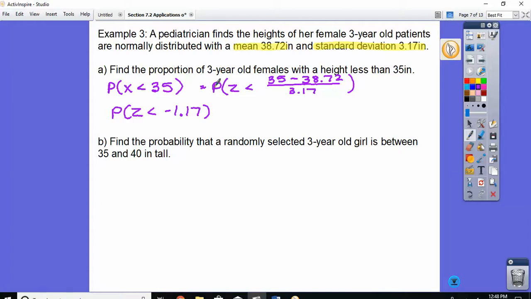So if you read from your table, you're at 0.1210. I had negative 1.77. Did you guys get that?